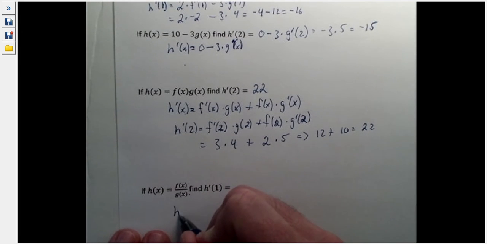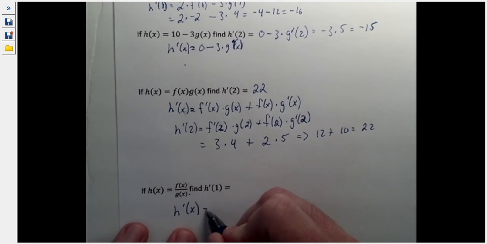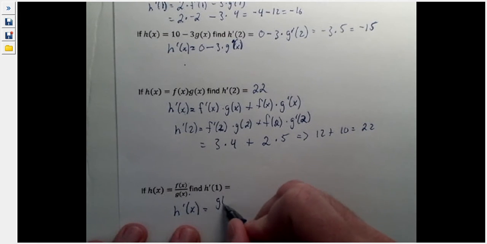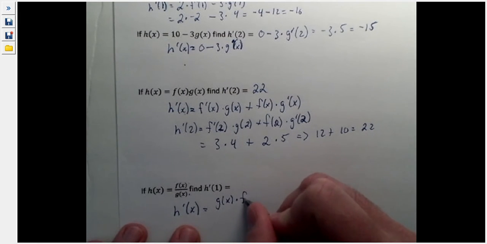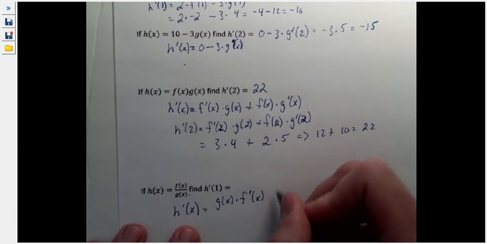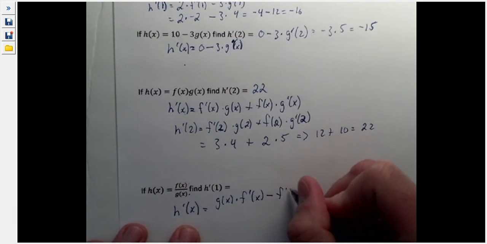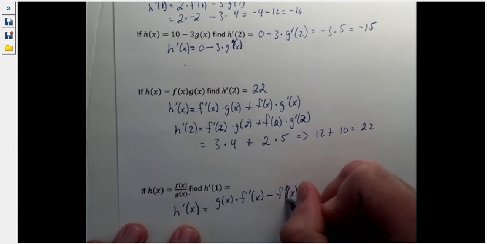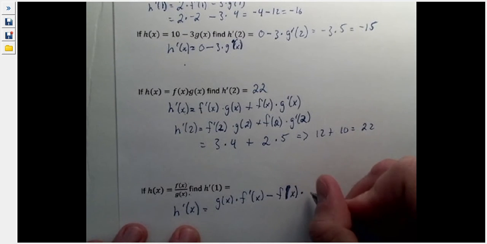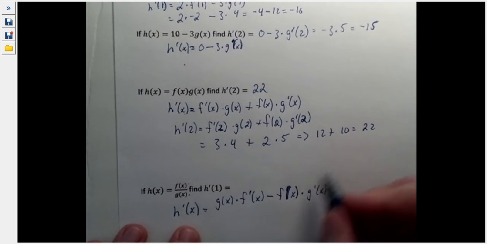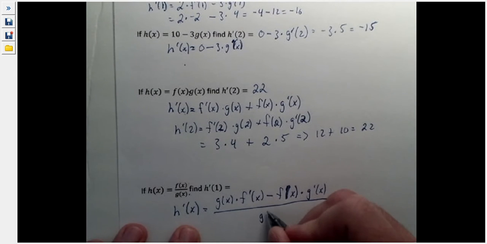So first find h prime. It's the low function times the derivative of the high function minus f of x times the derivative of the low, which is g prime, all over the low function squared.